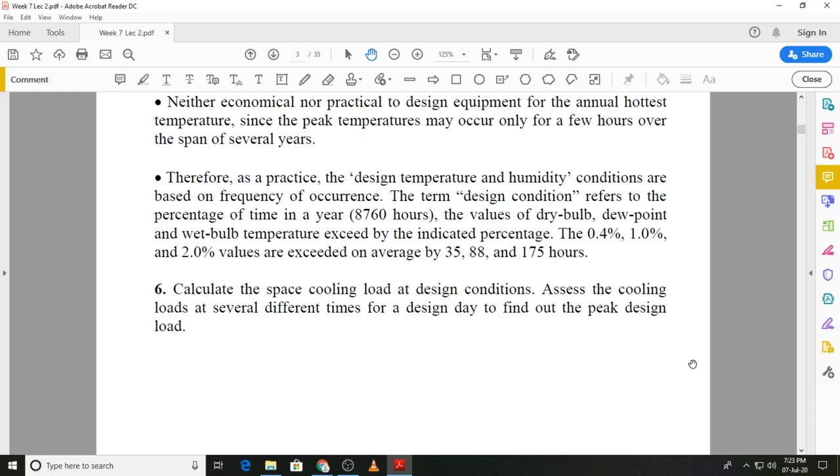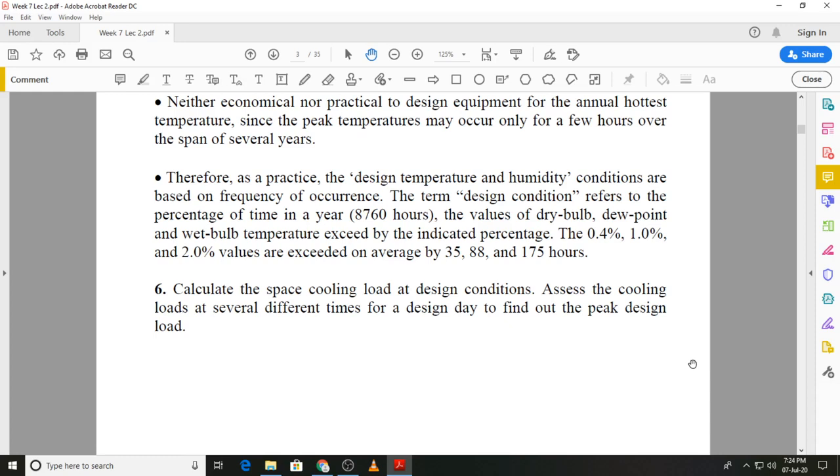That is, when we say the frequency of occurrence, what we are saying is, let's say we select the outside design temperature at 0.4% frequency of occurrence.